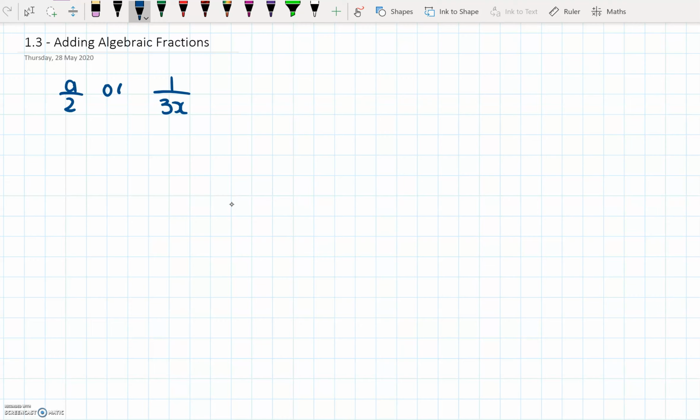We could also have an expression in the fraction. So it could be something like a plus b over 3, or it could be 3x over 2x plus y. These are all algebraic fractions.